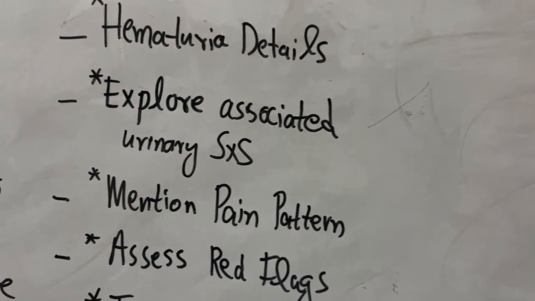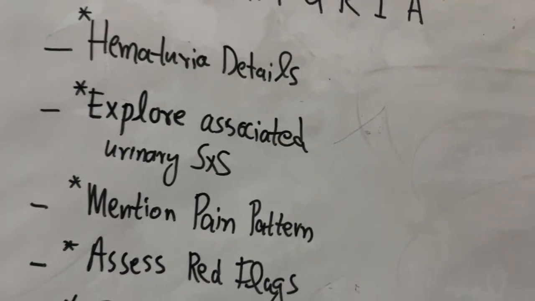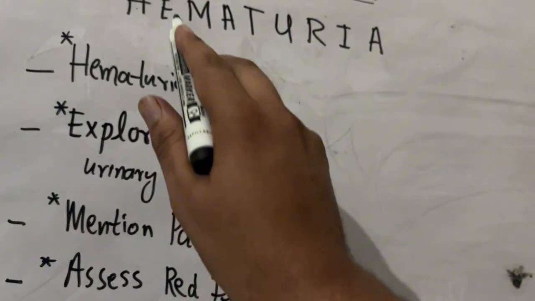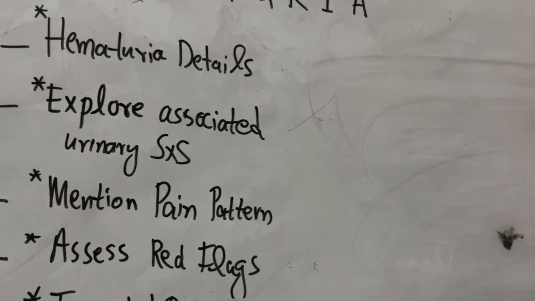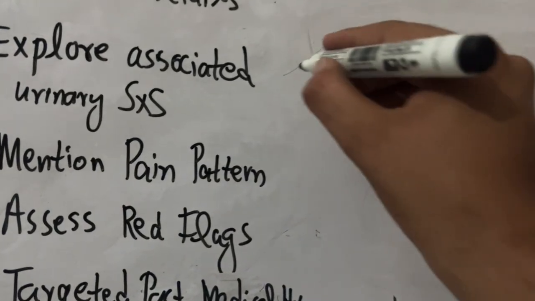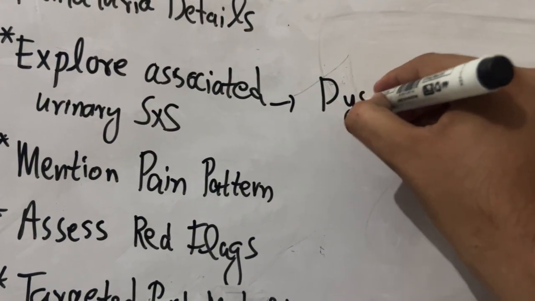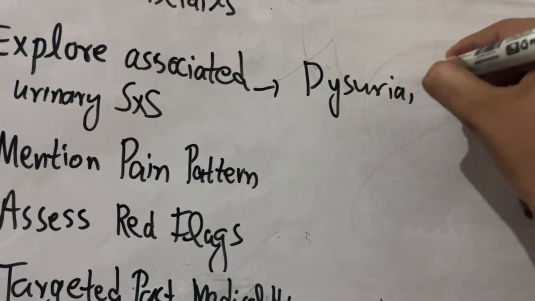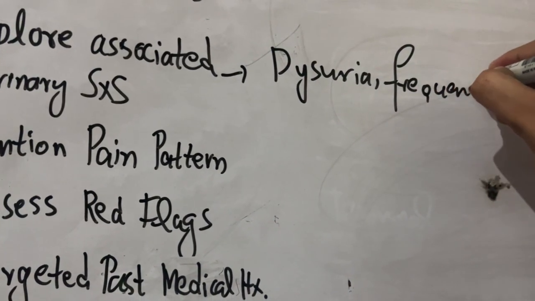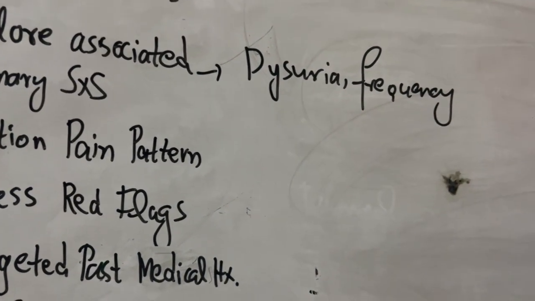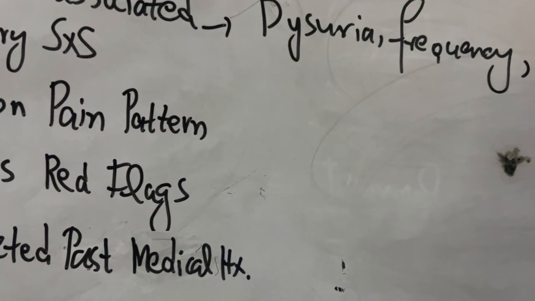Next we will ask about the urinary symptoms. Next is the E: explore the associated urinary symptoms. We will ask about dysuria, pain while urination, about frequency of urine, and also about urgency.